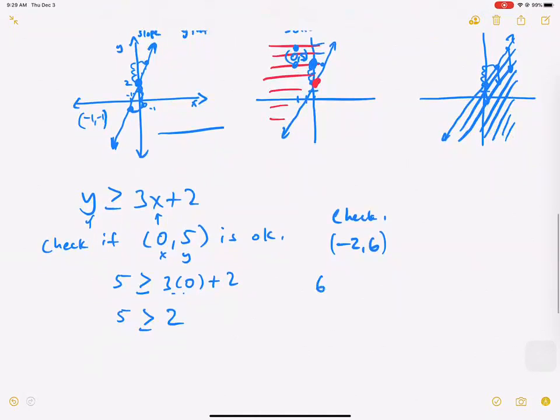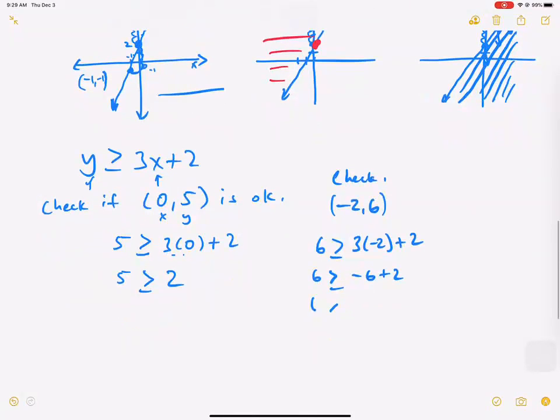Is 6 greater than or equal to 3 times -2 plus 2? Let's check if this is true. Is 6 greater than -6 plus 2? 6 is greater than or equal to negative 4. This is 100% true, right? That's a true statement.